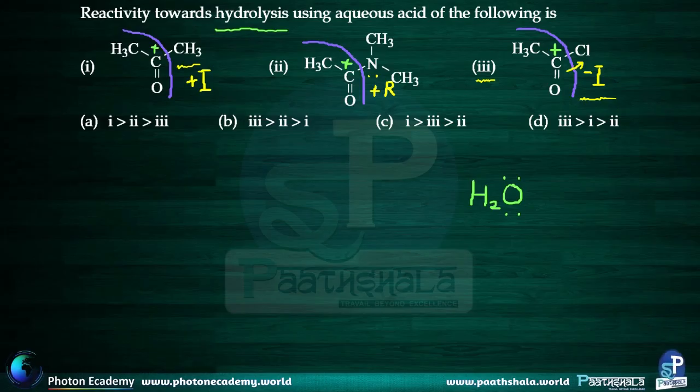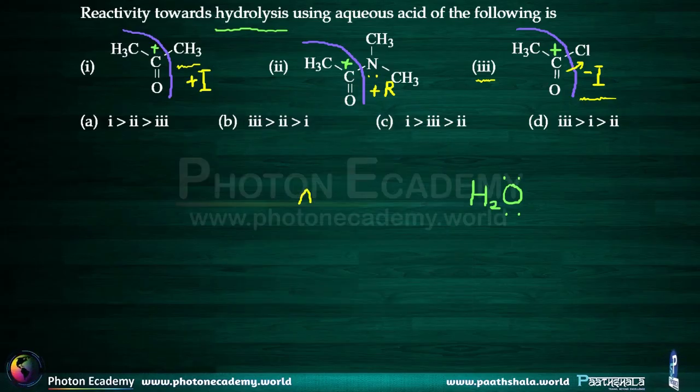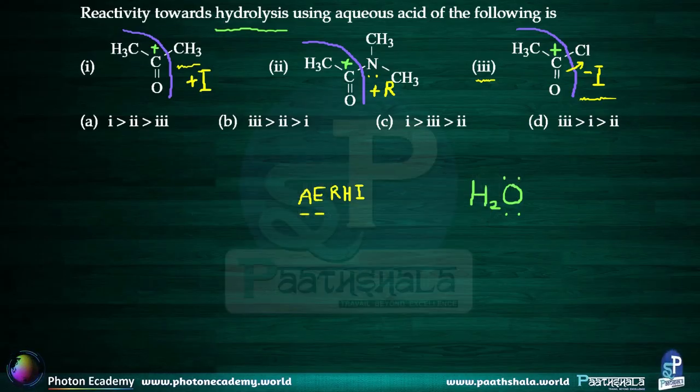And now we have a standard rule: A, E, R, H, I. What we observe is that there is no aromaticity in the above cases. There is no equivalent resonance in the above cases. Resonance is observed in the second organic compound. There is no hyperconjugation, but we have an I plus effect. R plus is going to donate higher amounts of negative charge.